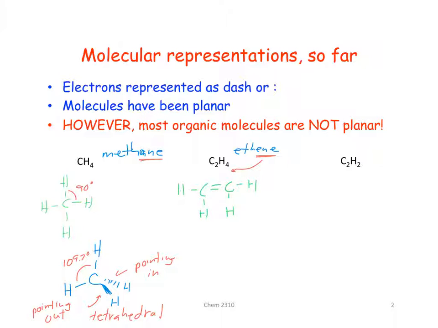So if we wanted to allow these atoms to get as far apart as possible around these carbons, we would end up with each one of these carbons adopting a trigonal planar shape.